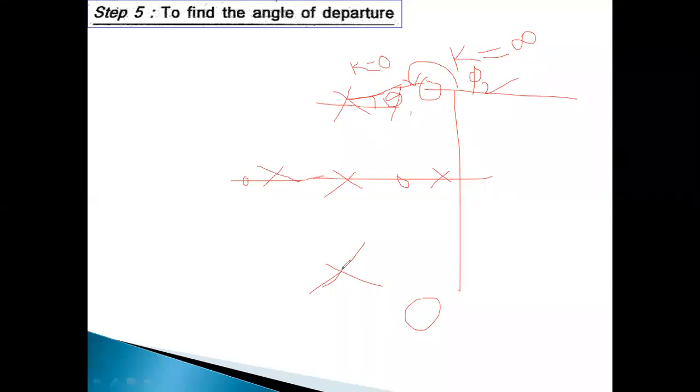Similarly, at complex poles and complex zeros, if the root locus branch is in this fashion, this is called angle of arrival at this zero, and at the pole you will have angle of departure. We have to calculate angle of arrivals and angle of departures only when there are complex poles and zeros.